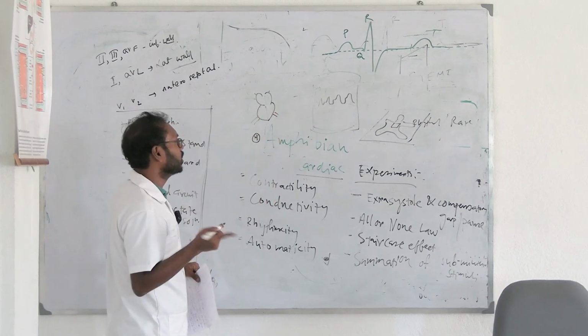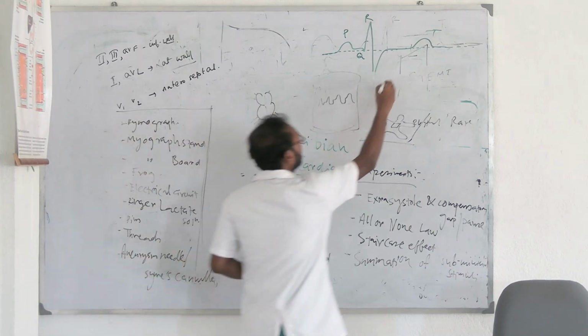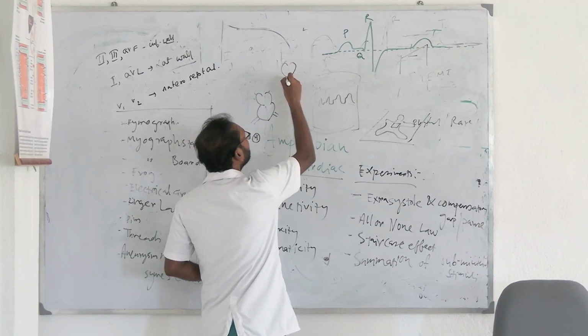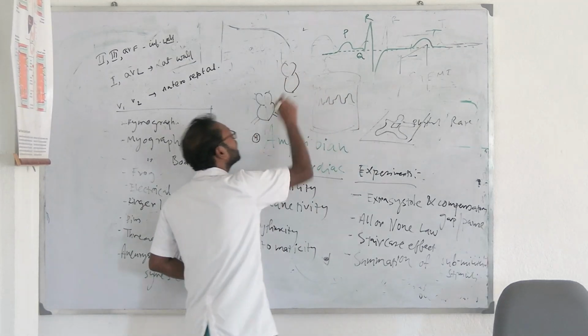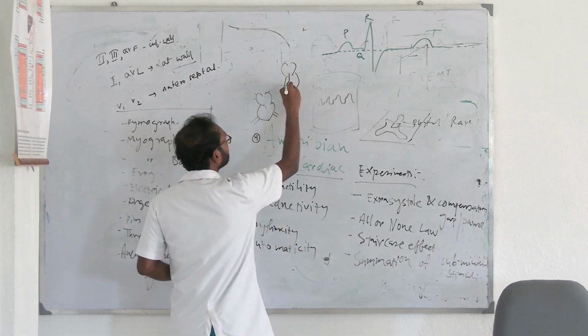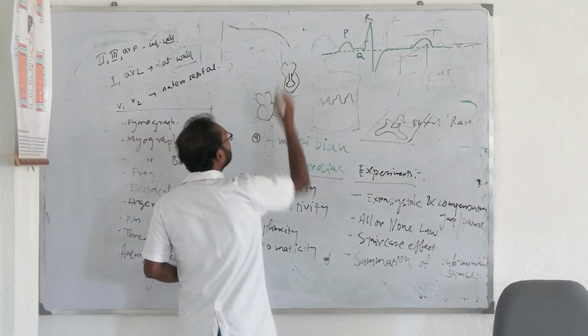But in frogs there are 2 atria but only 1 ventricle, and there is a sinus venosus coming like this.